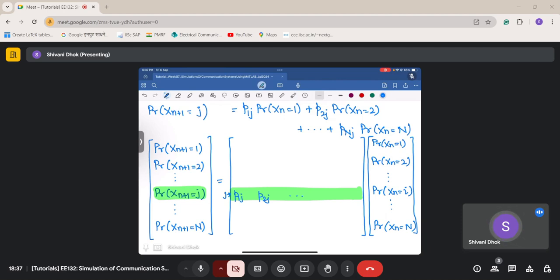The last entry gets multiplied by the probability of xn equal to capital N, so this is pnj. Now this j can take any value from 1 to capital N.